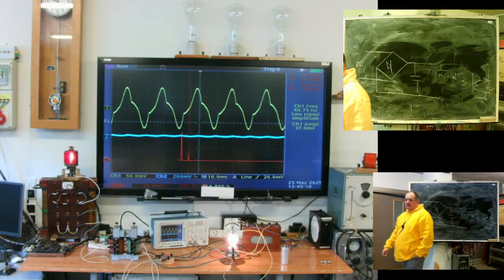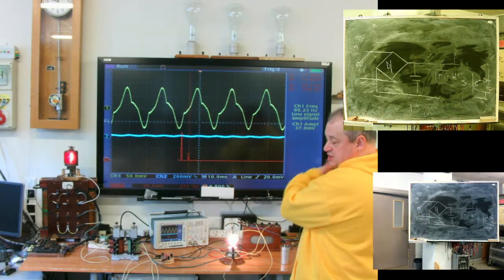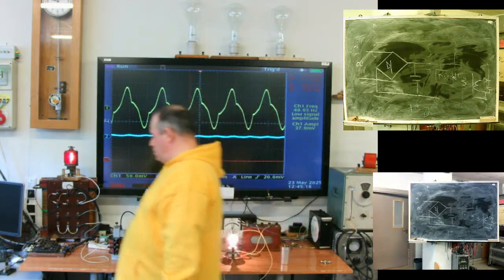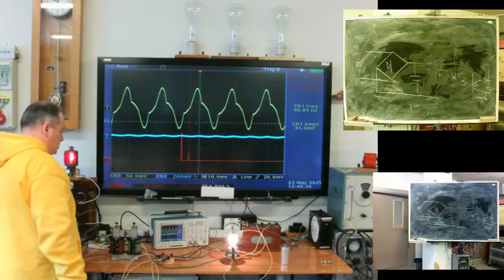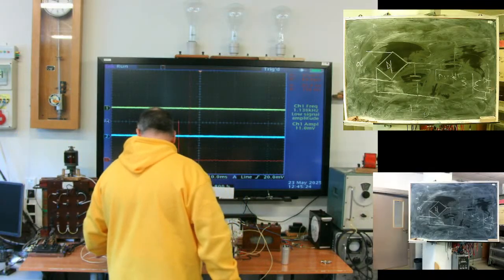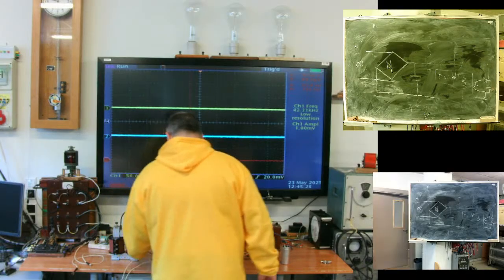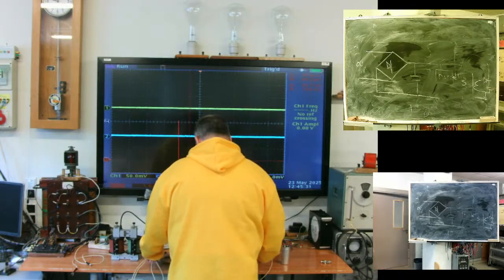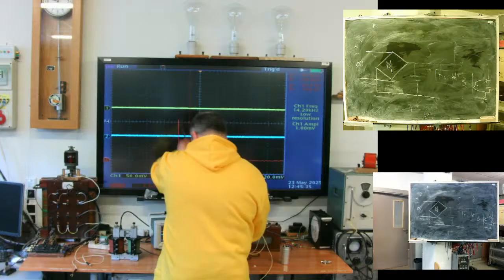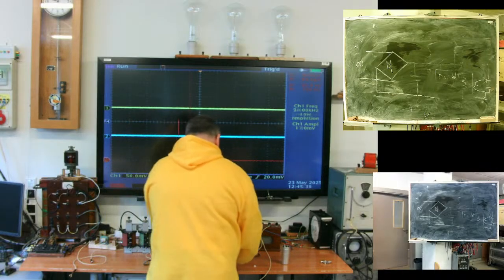In modern designs, the transformer is shifted to higher frequency, so there is no inductance on the primary side. One moment, I will try to assemble something close to a modern kind of network.